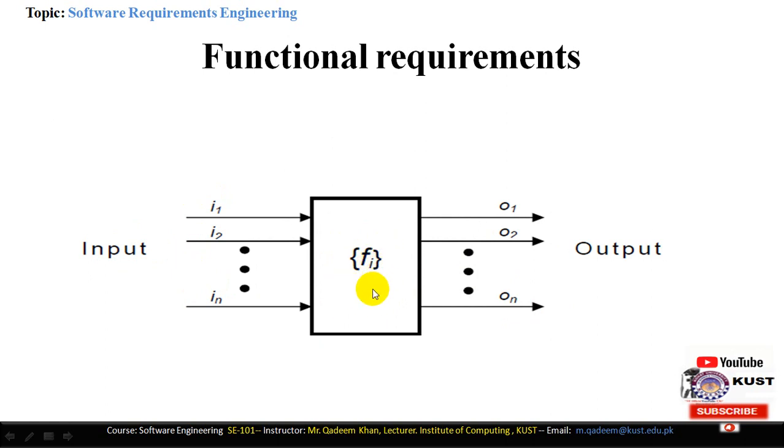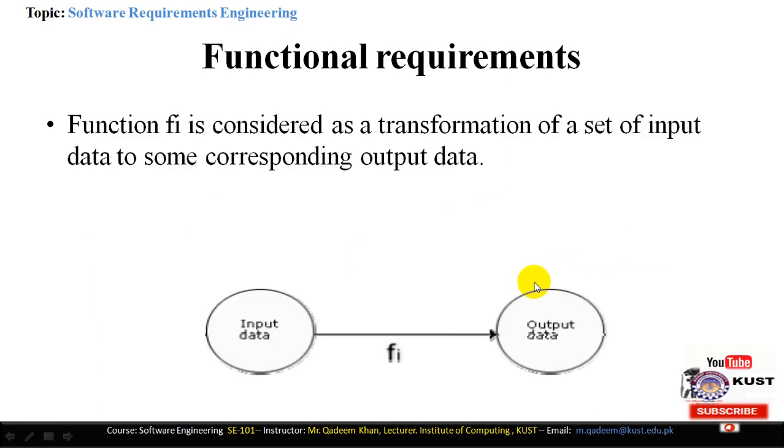There we specify the functionalities of the system, and then the outputs, output 1, output 2, up to output n. So functional requirements can also be depicted diagrammatically. For example, this is the input data, here we specify Fi, and this will convert into the output data after processing done by Fi.